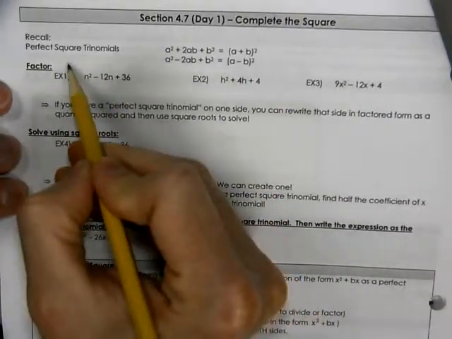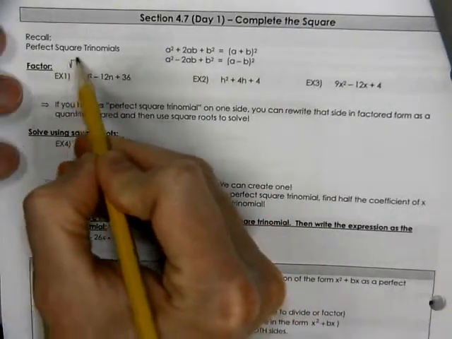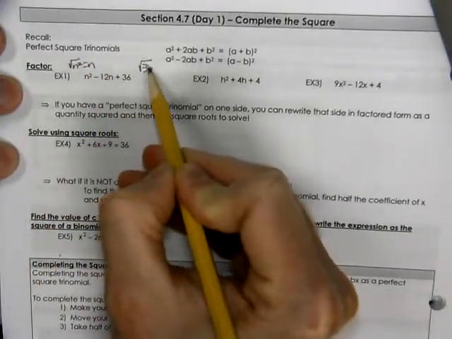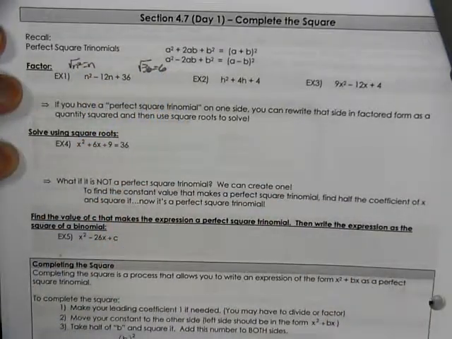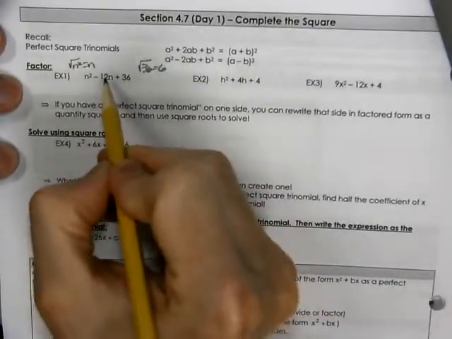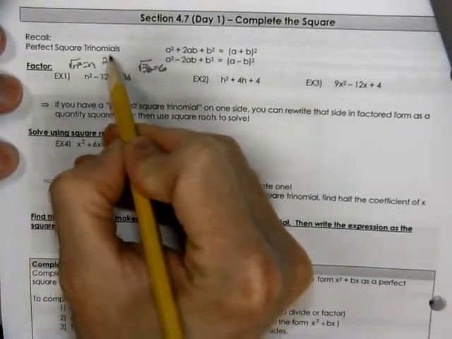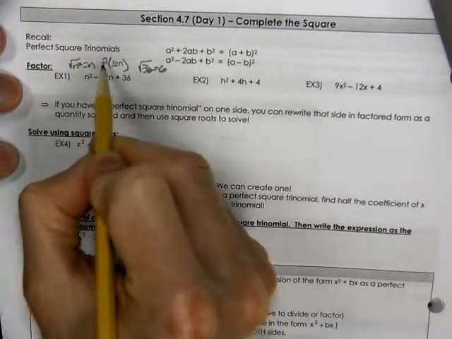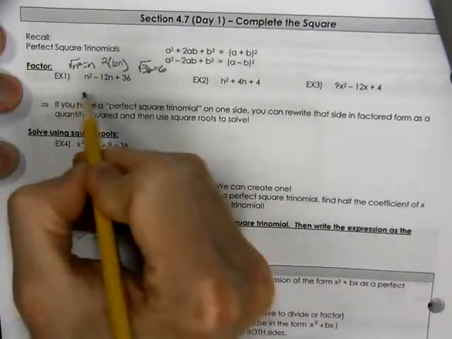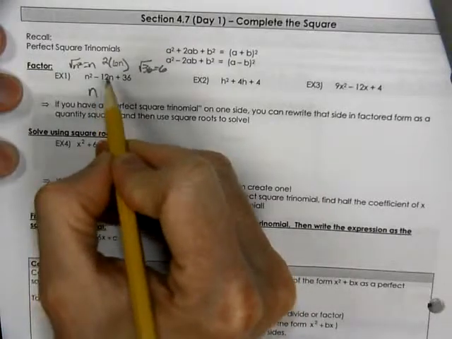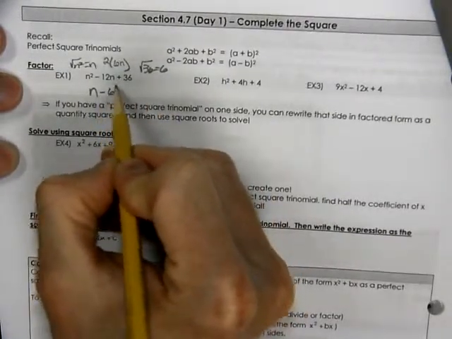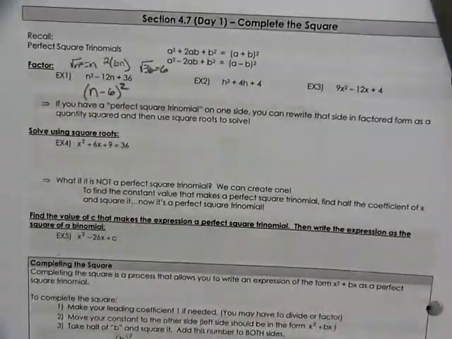We look here, n squared and 36 are both perfect squares. The middle term, our b term, is 2 times those two products. So we know that in this case we're going to get n minus 6 squared.